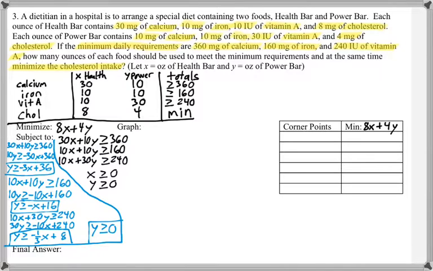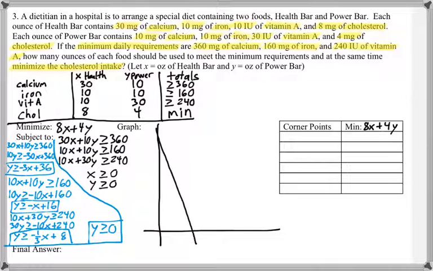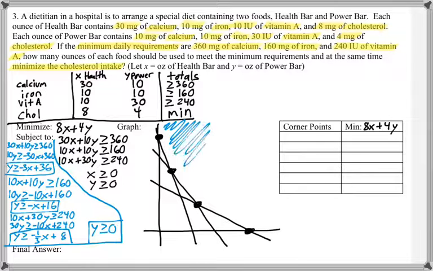So it's going to look something like this. So I have to find this point, this point, this point, and this point. And this is my feasible region.